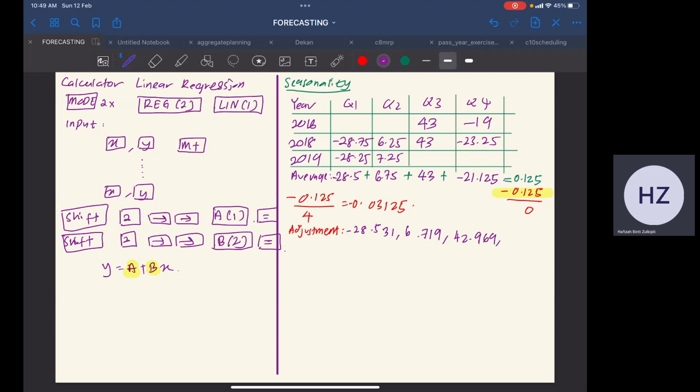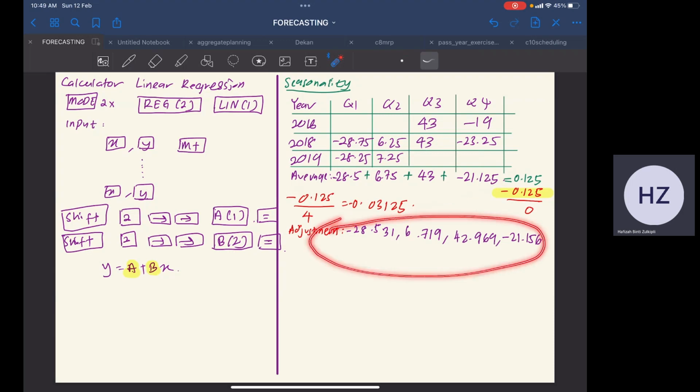And then the last one is negative 21.125 minus 0.03125. Here you get negative 21.156. So this is your new adjustment of the average above here. Because we want the summation of these numbers to be equal to 0.